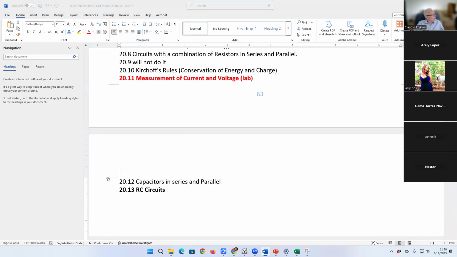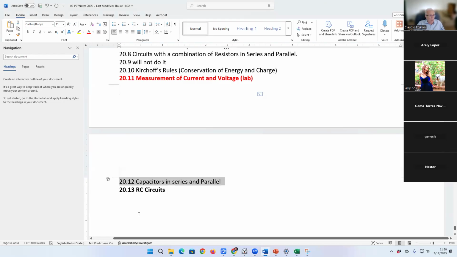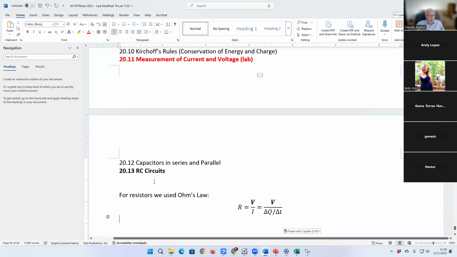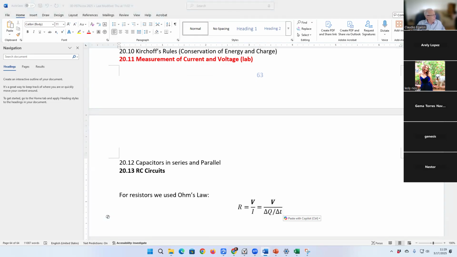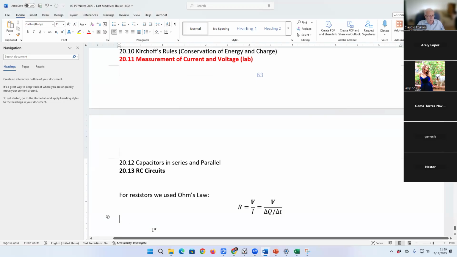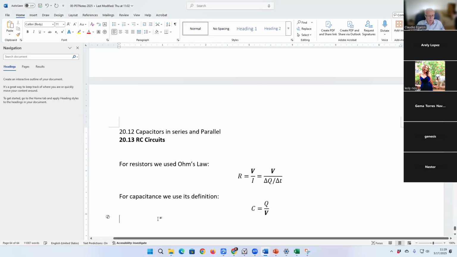Okay, so I want to remind you what we did before, right? Resistors that use Ohm's law have the following relationship with respect to the electric potential and the electric charge. The resistance is directly proportional to the V. However, for the capacitance, we still involve quite the same parameters, right? But it's going to be an inverse relation.